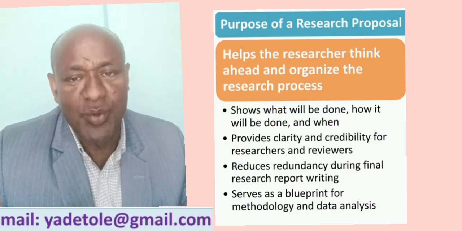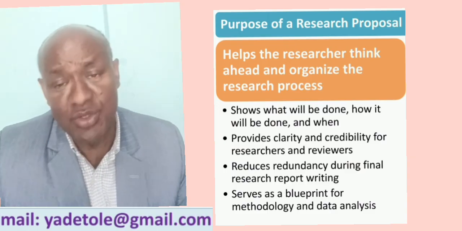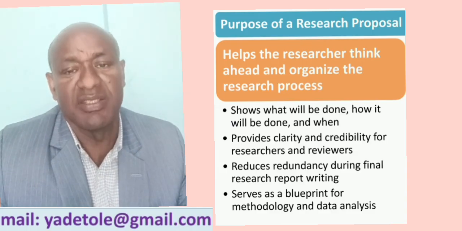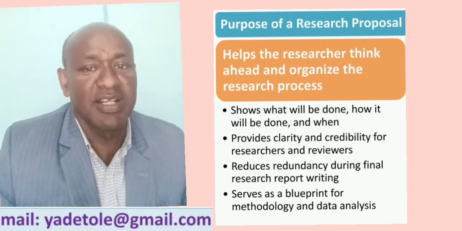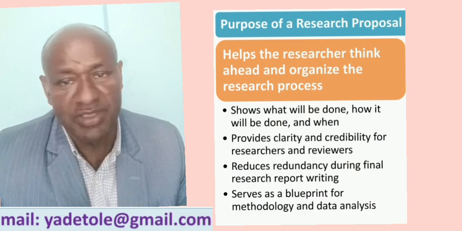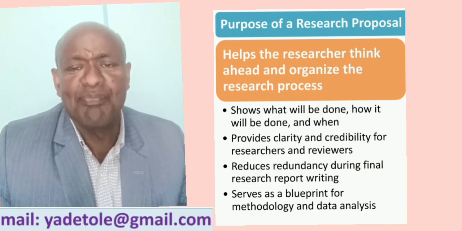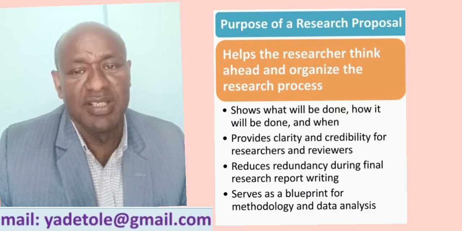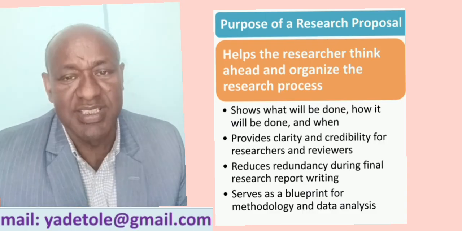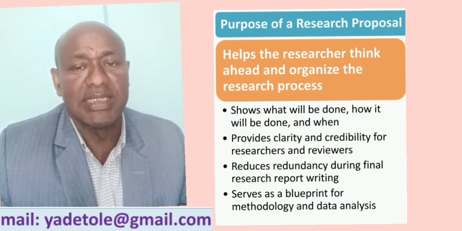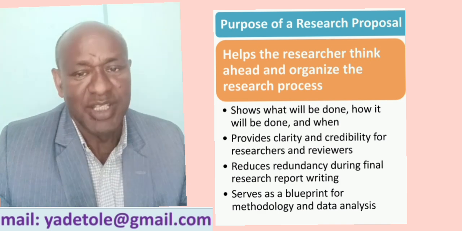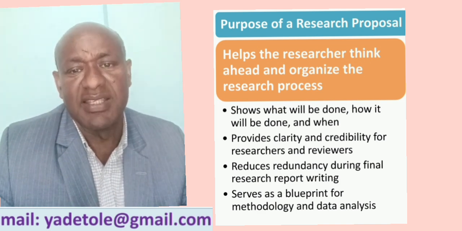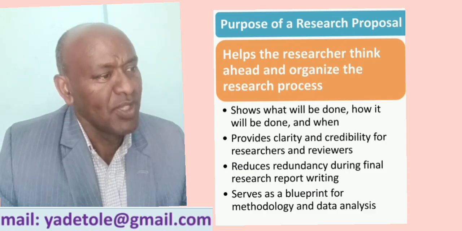Also, literature review is in the research proposal, and in the actual research study, that means in the final research report, there is also a literature review. So almost 50% of the content in the research proposal is also in the research report. Because of this, it reduces the redundancy during our work on finalizing the actual study.